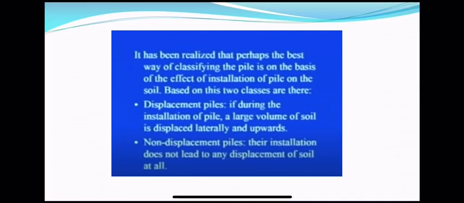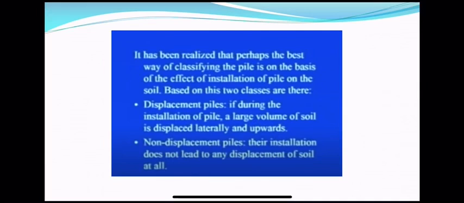It has been realized that perhaps the best way of classifying piles is into two classifications. One is the displacement pile. During the installation of the pile, a large volume of soil is displaced laterally and upwards.